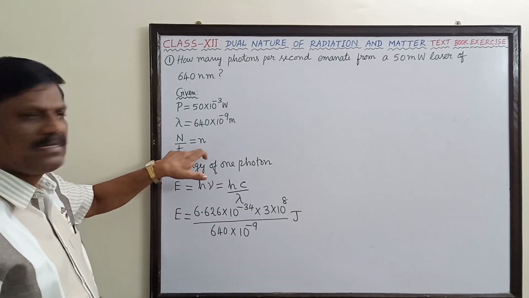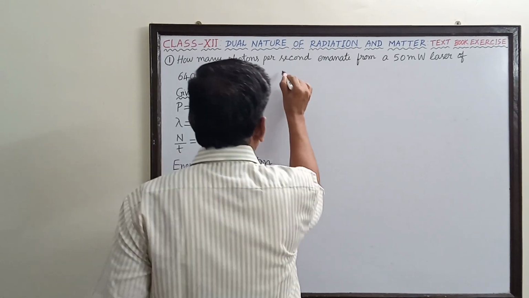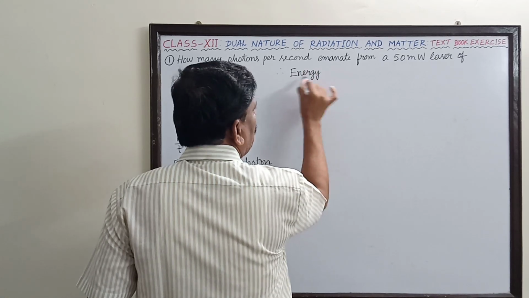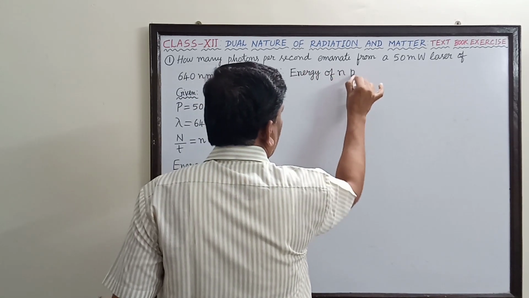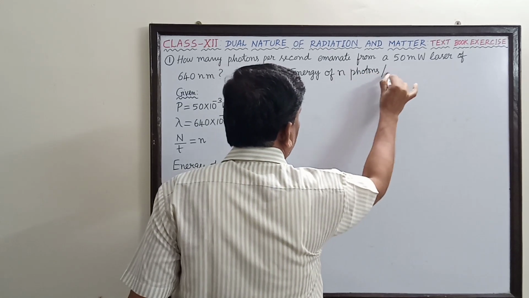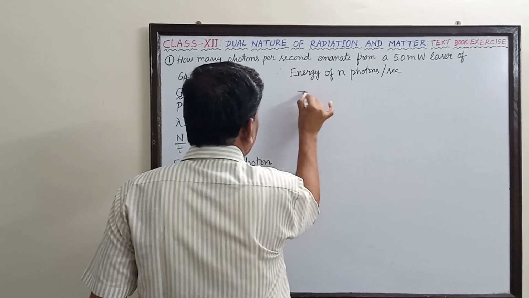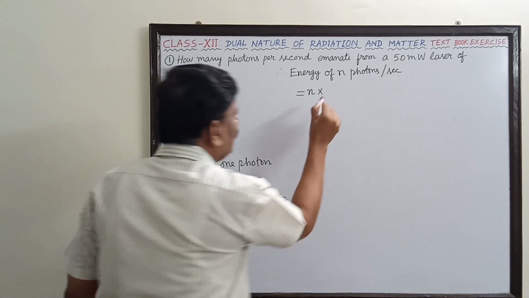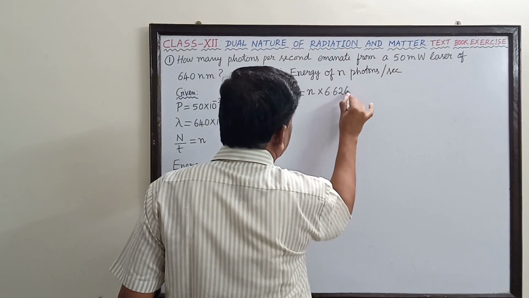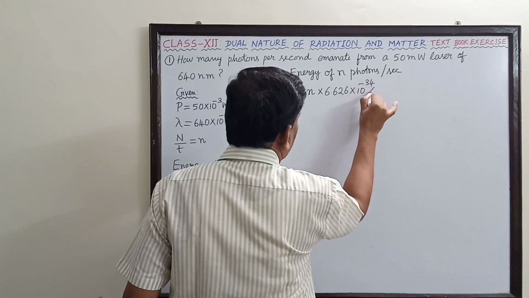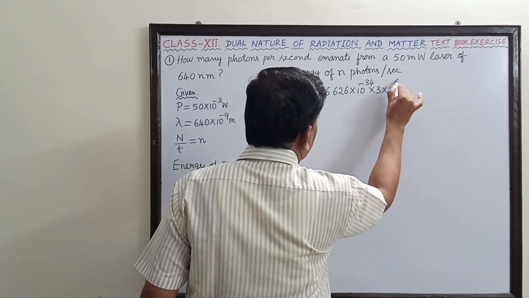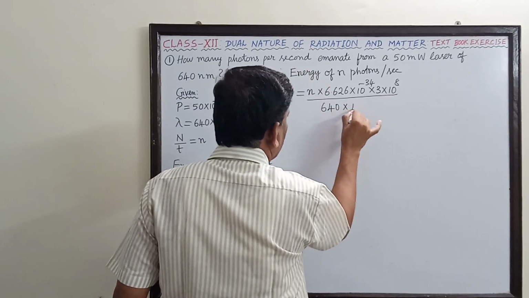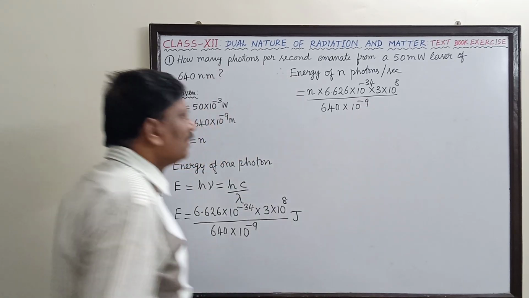So what is the energy of this n number of photons? Therefore, energy of n photons per second is equal to small n multiplied by this number, 6.626 into 10 to the power of minus 34 into 3 into 10 to the power of 8 divided by 640 into 10 power minus 9.